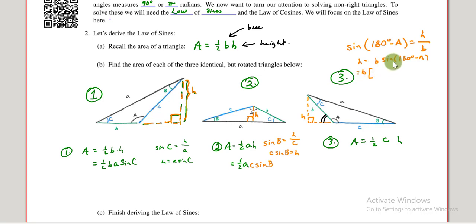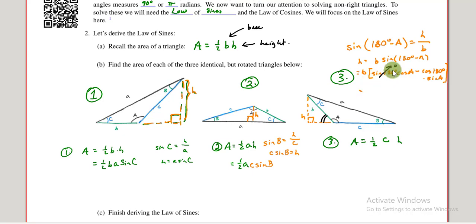So remember, when we take the sine of a difference of two angles, that would be the sine of 180 degrees times the cosine of A minus the cosine of 180 degrees times the sine of A. And when we clean that up, fortunately, the sine of 180 degrees is 0, so that whole term vanishes.